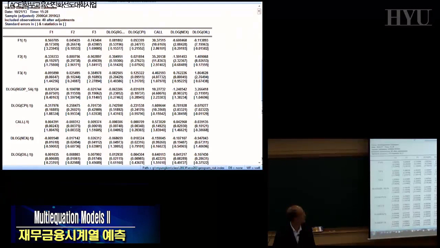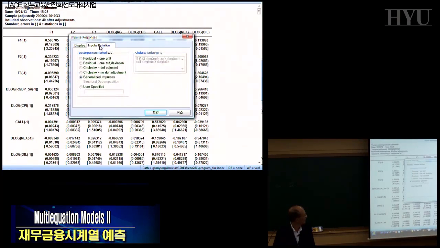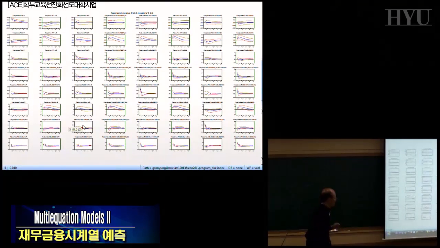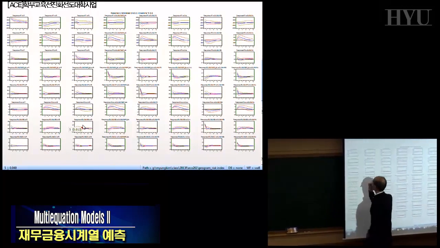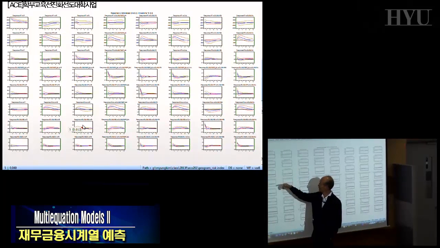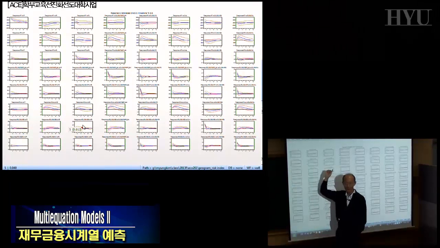Okay? So impulse. Let's try this and press it. You see many graphs, right? So what do we got here? Well, the way we read it is, this is for the first equation, second equation, third equation; we have 8 equations, right?